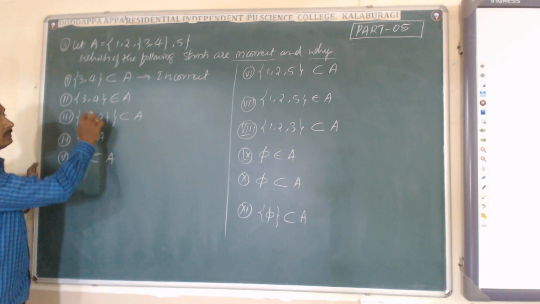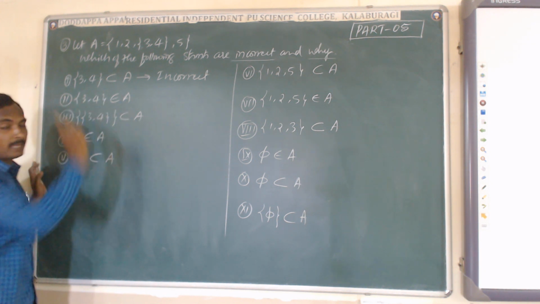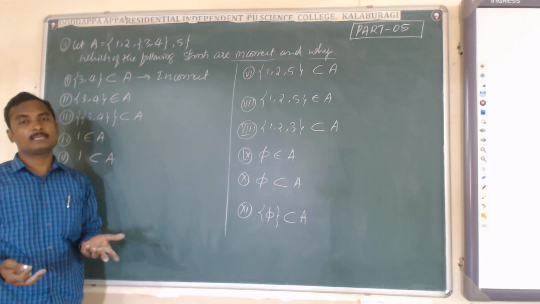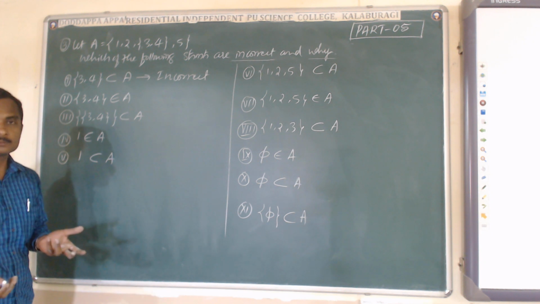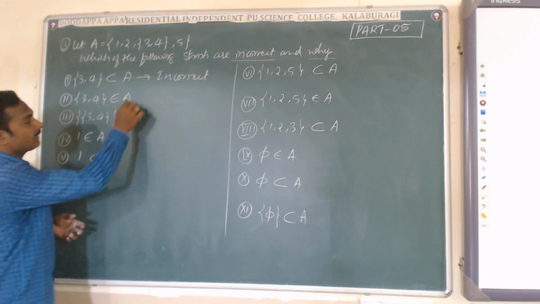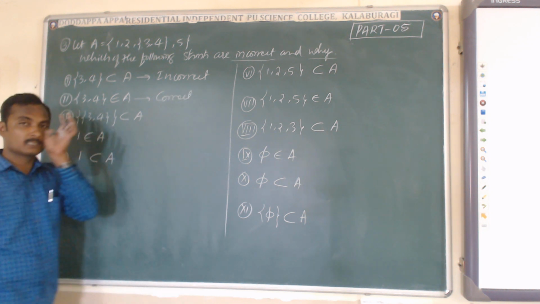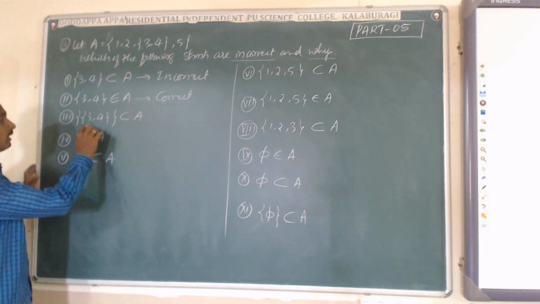Then only the set belongs to some other set, which is subset. Second one, the set containing 3, 4 belongs to A. As I just said, definitely the set which contains 3, 4 is an element of A. Then this is correct, and if it is correct, then there should not be any reasons. Come to the third one.